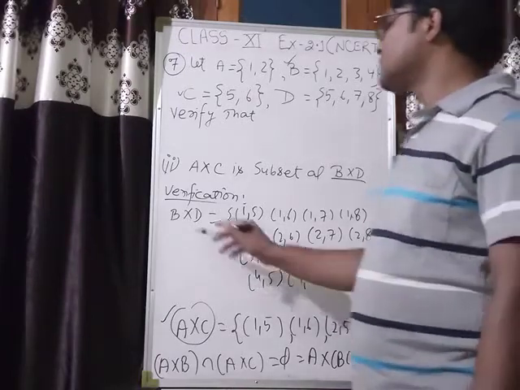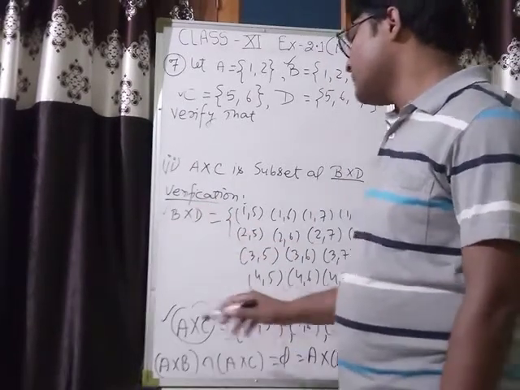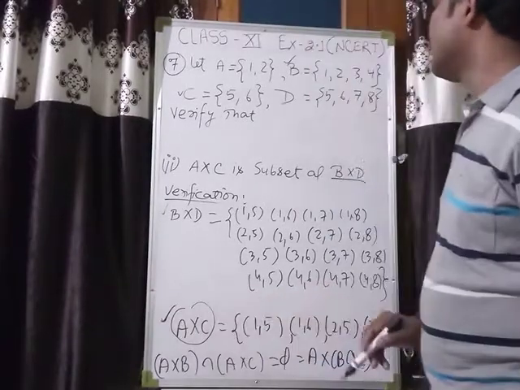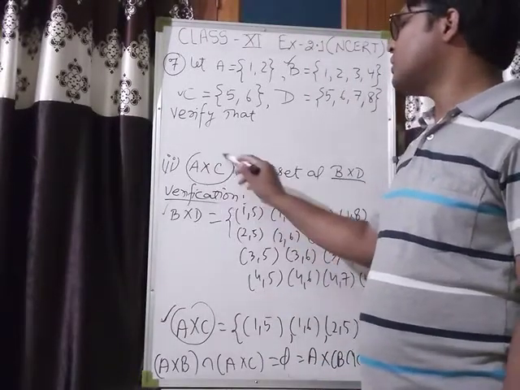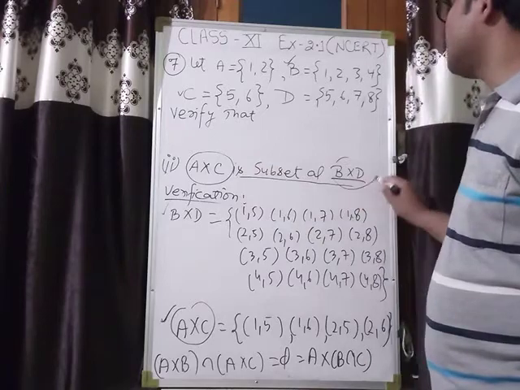Okay, so that is B Cartesian product D, and this is A Cartesian product C. Now we want to verify that A Cartesian product C is a subset of B Cartesian product D.